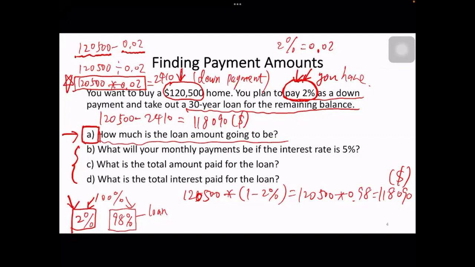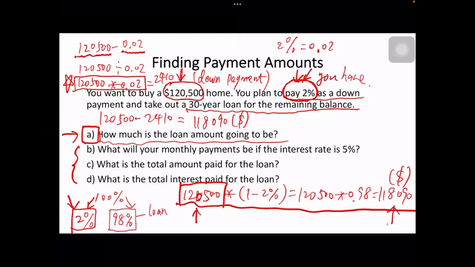So the logic here is the loan amount is 98% of the total house value. The 2%, that's the money you already have, so you don't have to borrow. Okay, so in one step, we can find the loan amount.